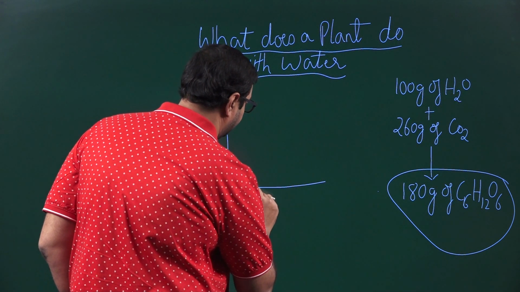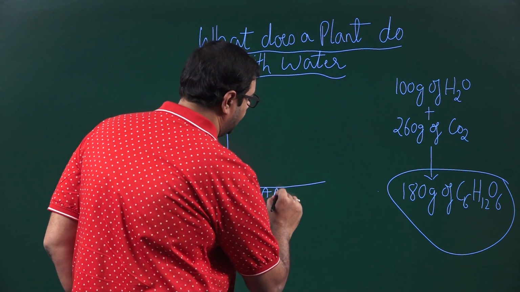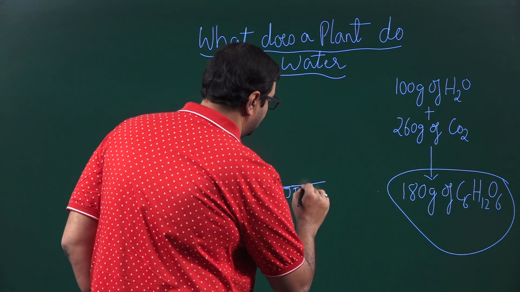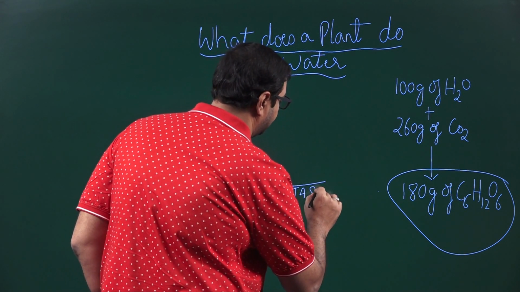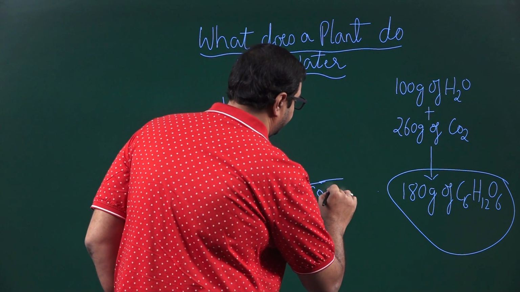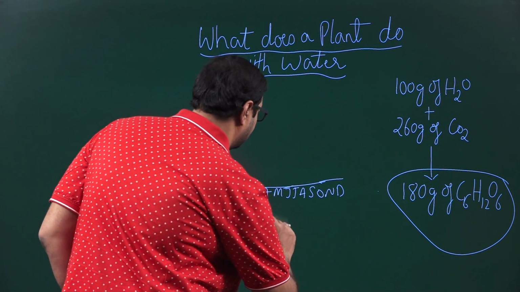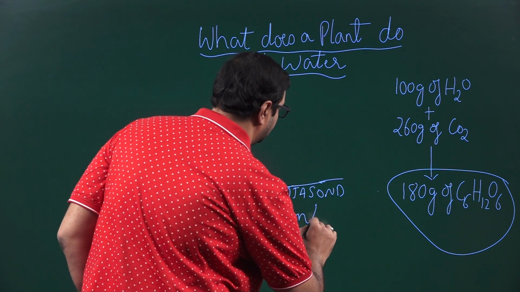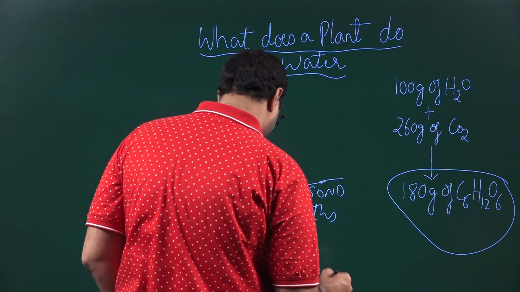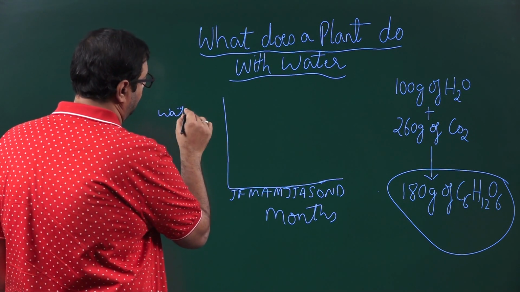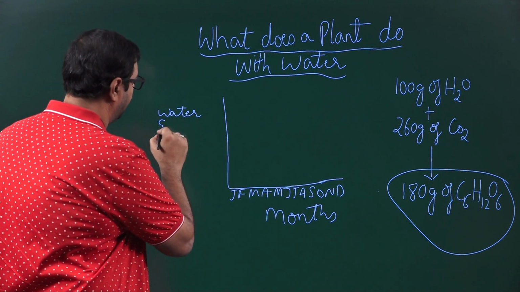January, February, March, April, May, June, July, August, September, October, November, December. So these are the months. And the next one, on the y-axis, we take water evaporation.